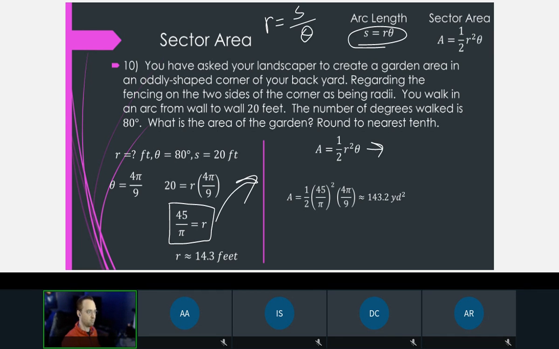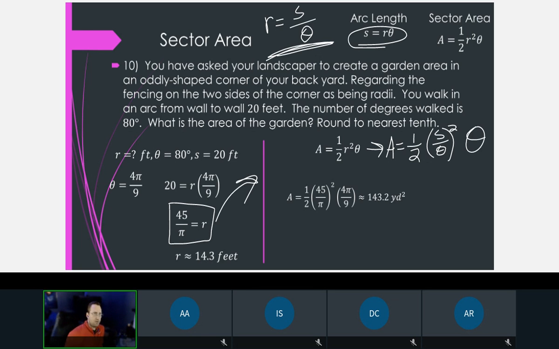rewritten this problem as A equals 1/2 times your radius squared, and we know our radius is equal to s divided by theta, quantity squared, times theta, right?